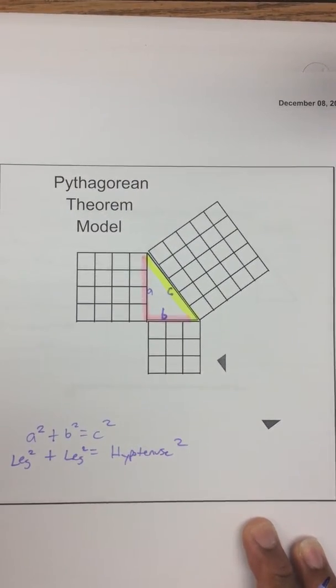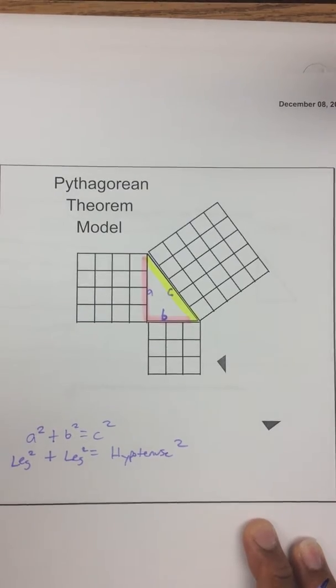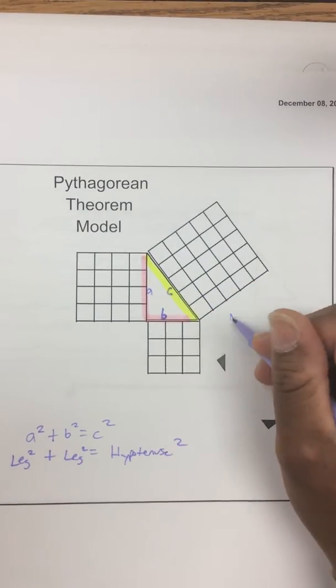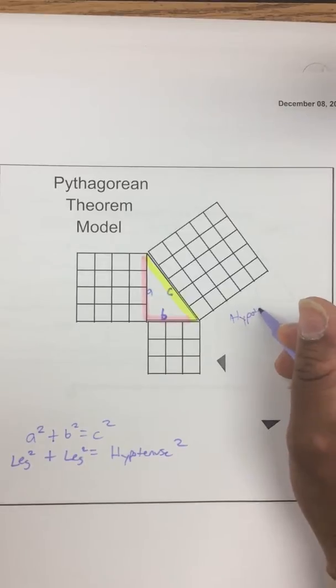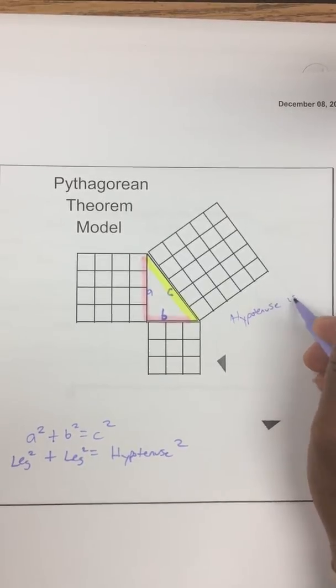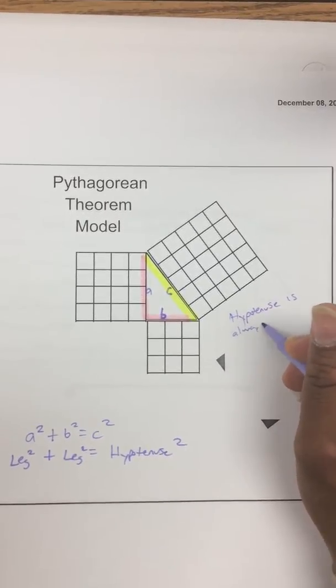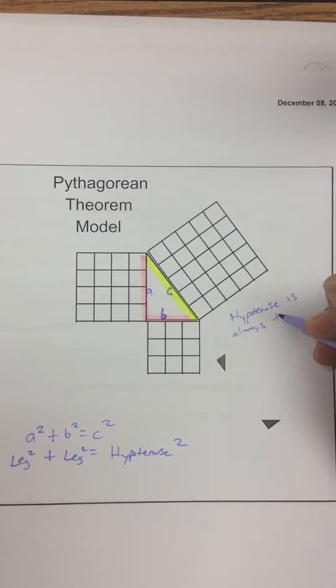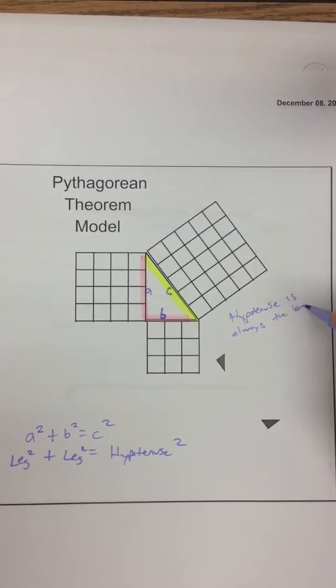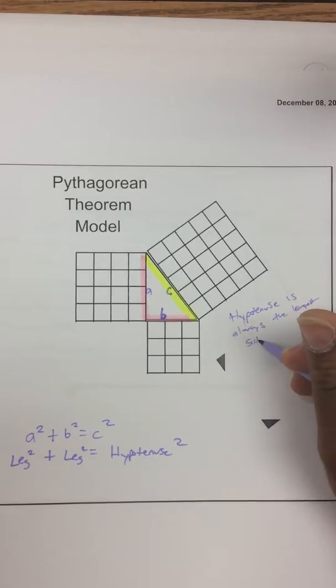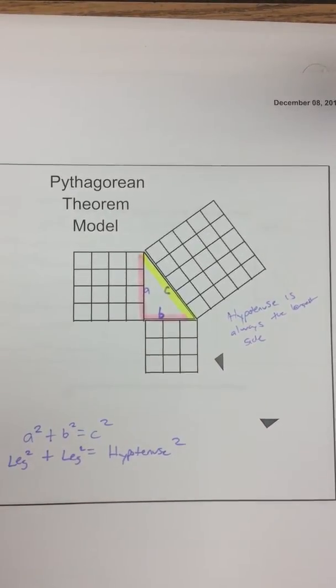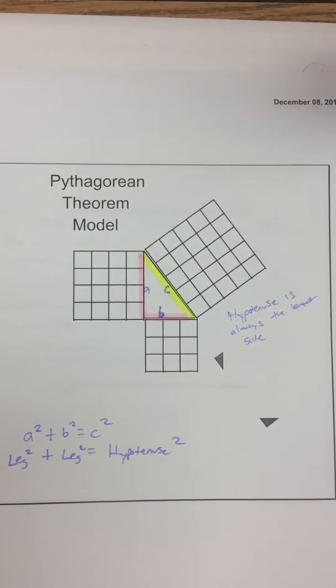Now, the key thing I want you to remember is the hypotenuse is always the longest side. Really important to remember that. It's always the longest side.